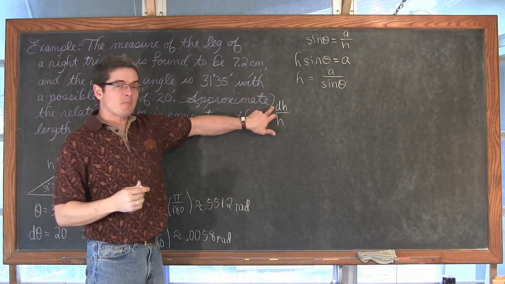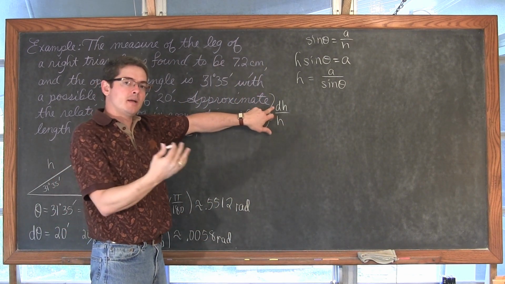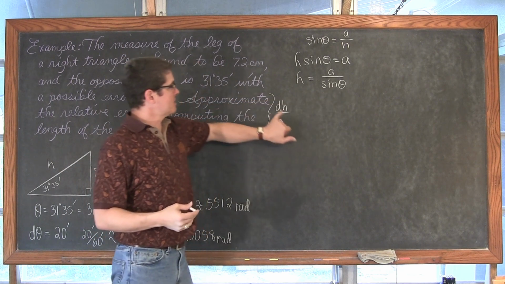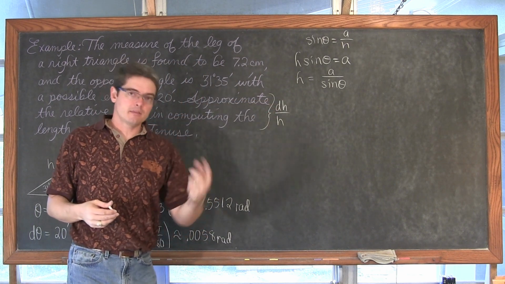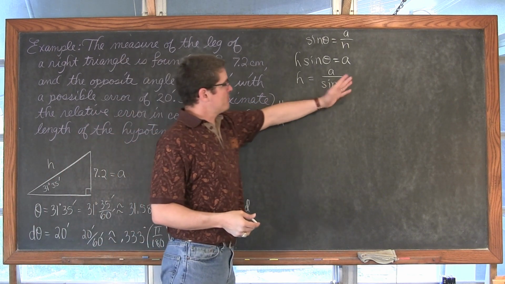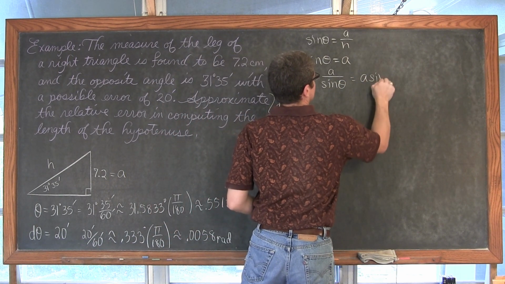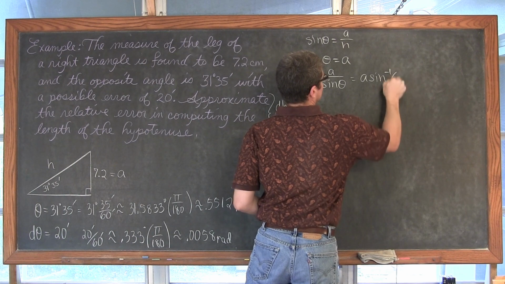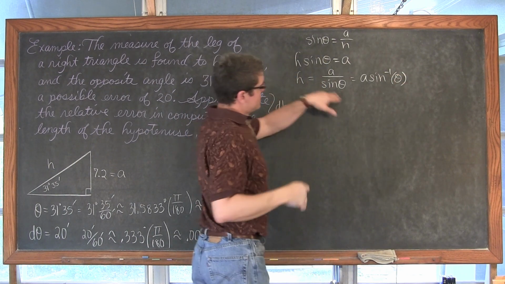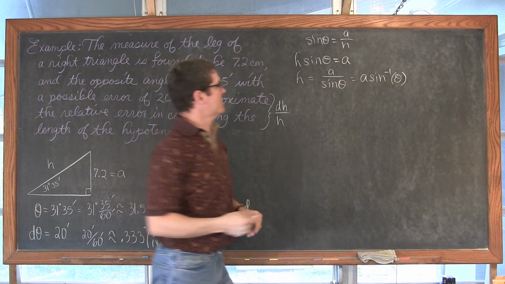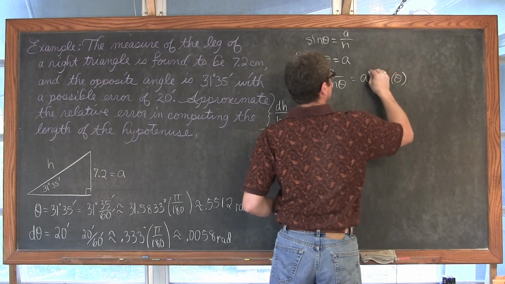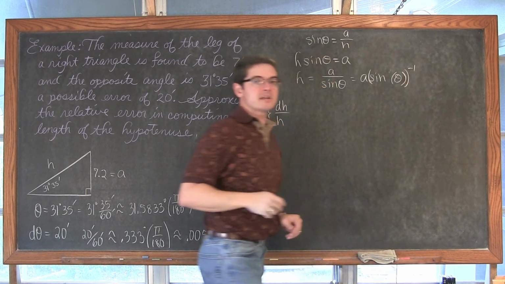Now for DH, remember that's going to be H prime, and this is in terms of theta, so it's going to be H prime d theta. So for purposes of finding H prime, write this as A sine to the -1 theta, just getting that sine function out of the denominator. Actually, that kind of looks like an inverse function, so let's do that instead.